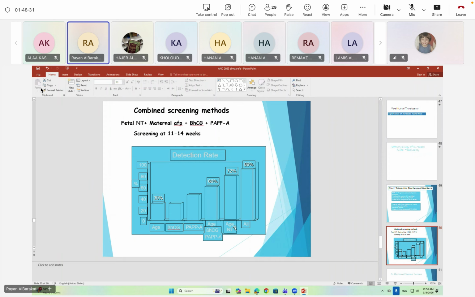Age and nuchal translucency, meaning ultrasound with age early in the first trimester, can detect up to 72%. If we use them all, we can detect up to 89%. This is with the previous biochemical markers and nuchal translucency and age between 11 and 14 weeks.